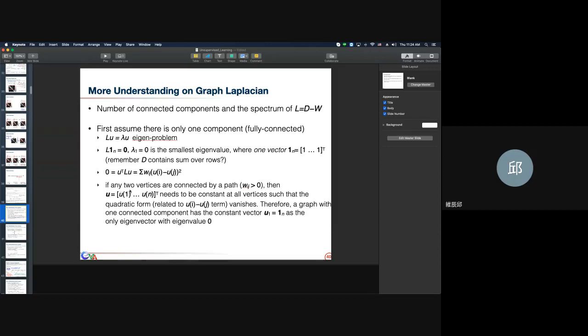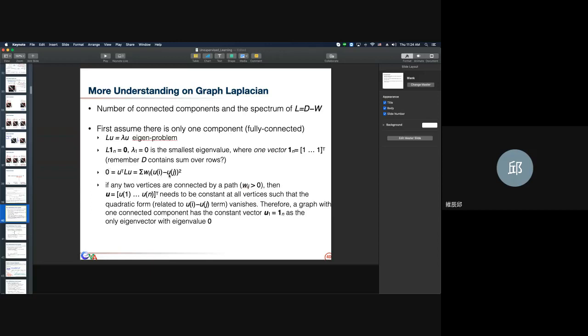Okay, so if any two vertices are connected by a path, that means the Wij is not equal to 0, then the U needs to be constant at all vertices, such that the quadratic form here, Ui minus Uj square, vanishes, right? Because if all the Wij are bigger than 0, then this quadratic form should be equal to 0. Otherwise, you cannot sum up to 0, right?